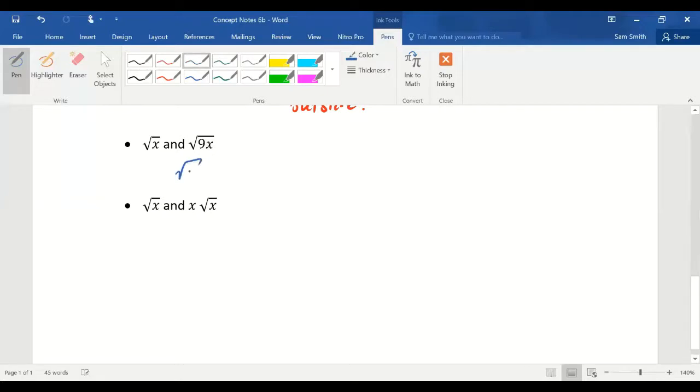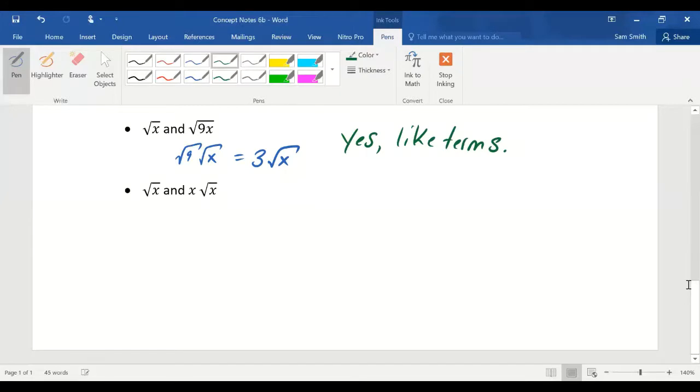So if I simplify this by taking the square root of 9 and the square root of x separately, turning the square root of 9 into simply 3, now I can see the true nature of the square root of 9x. Square root of 9x in reality is 3 times root x. And so it's exactly the same as root x except for a difference of the number in front. Only the number in front is different. So I would say yes, these are like terms.